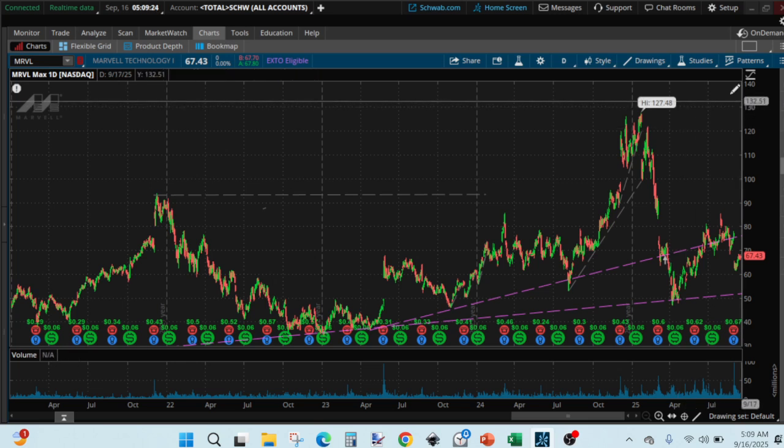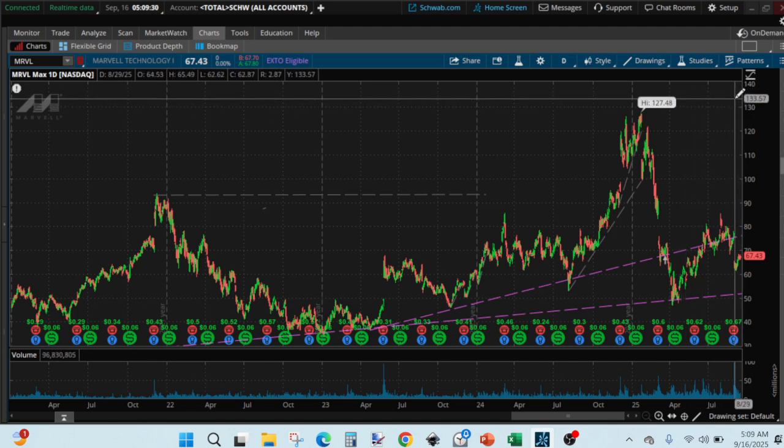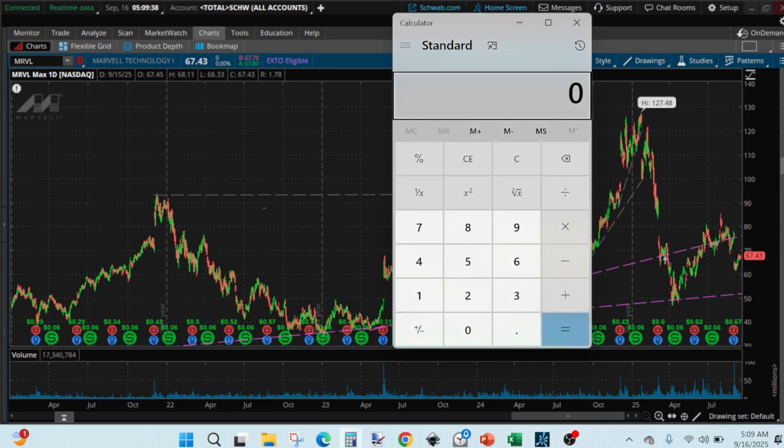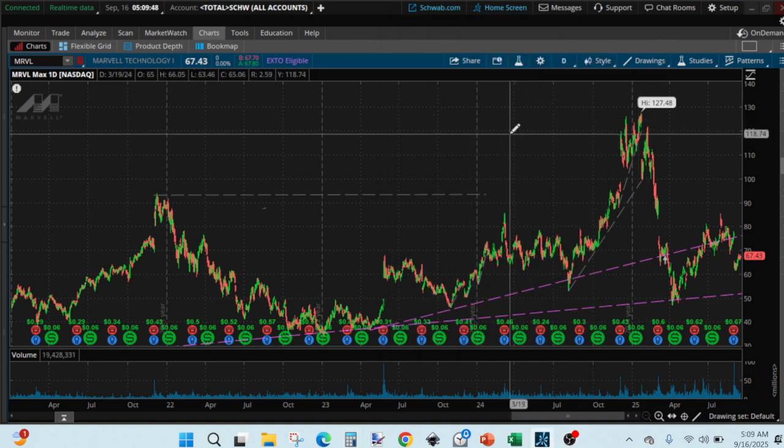Before you see that mark as a new high, the price will be more than 127.48. So let's say you sell it for 128. 128 minus $68, you'll have $60 profit per share. And after you pay brokerage fees and all those, you'll have some left.